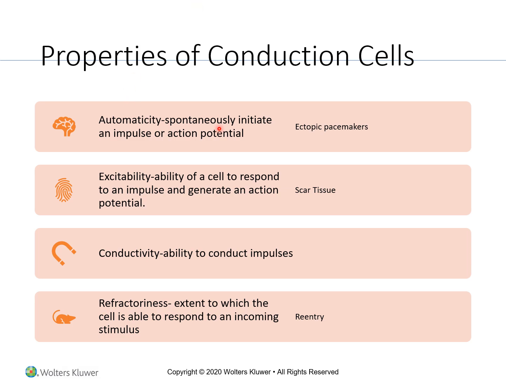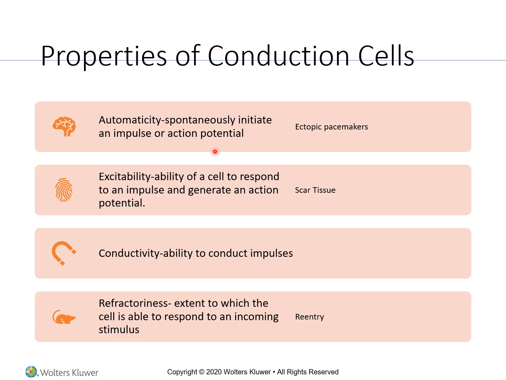So automaticity means that these cells can spontaneously initiate an impulse or action potential, meaning they are what we call an ectopic pacemaker. So remember we said that the SA node is the primary pacemaker of the heart, but the AV node and the Purkinje fibers, if they're not signaled, can also produce their own electrical activity.